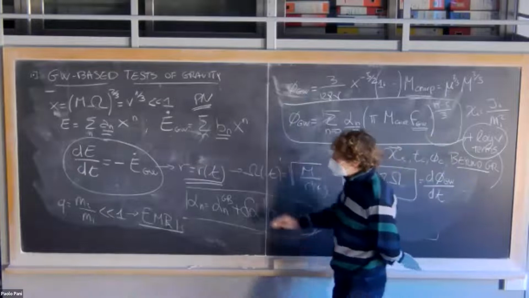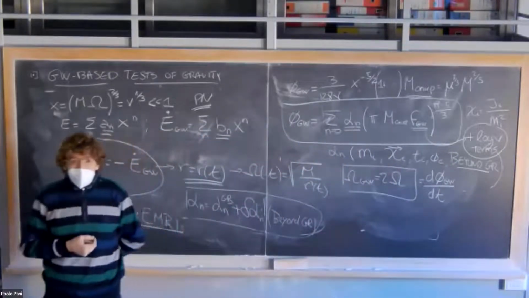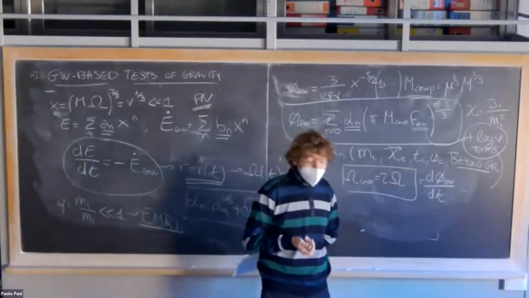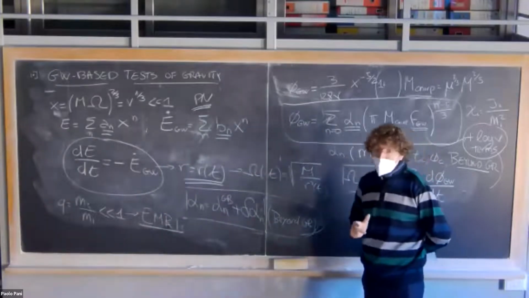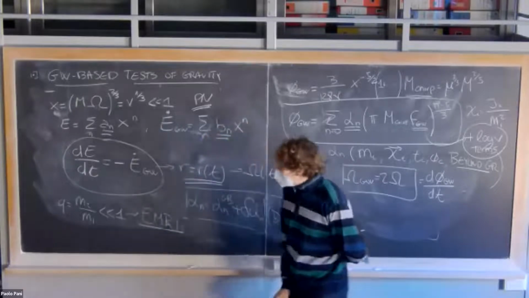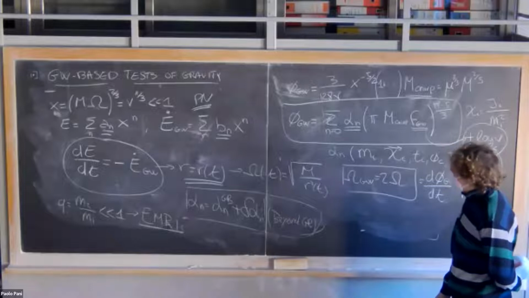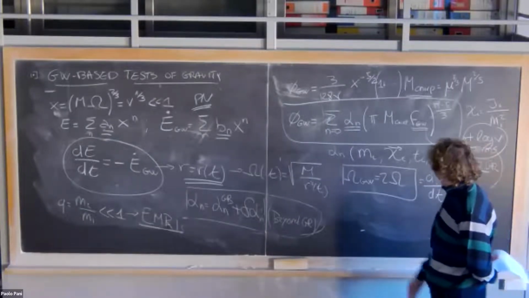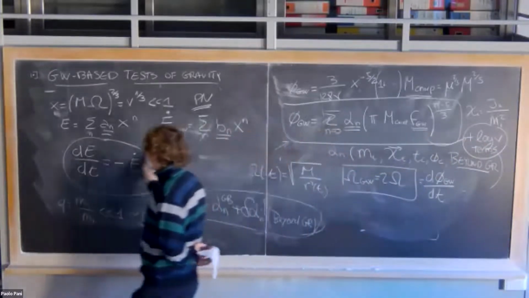So this is just to say that post-Newtonian theory is well designed to discuss velocities small compared to the speed of light and mass ratios which are not too far from unity, or anyway not incredibly small as in the extreme mass ratio case. Okay. So now let me focus on this correction here and I will cancel the rest.